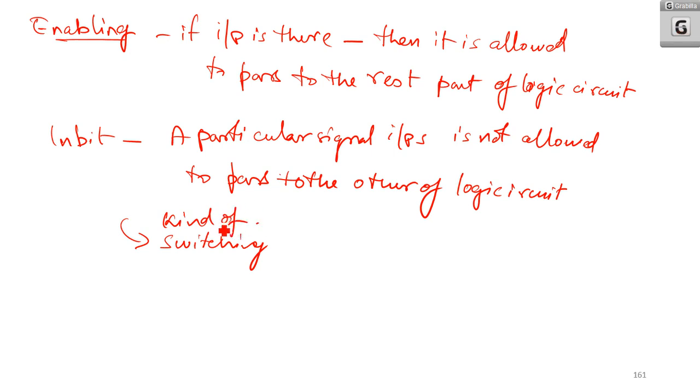Okay. Now to perform these enable and inhibit operations, what we have is AND gate, OR gate, NAND gate, as well as NOR gates. These 4 gates can be used for enabling as well as inhibiting.